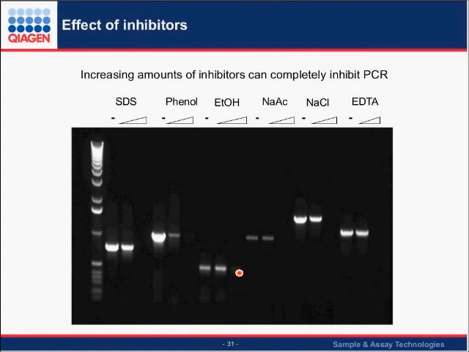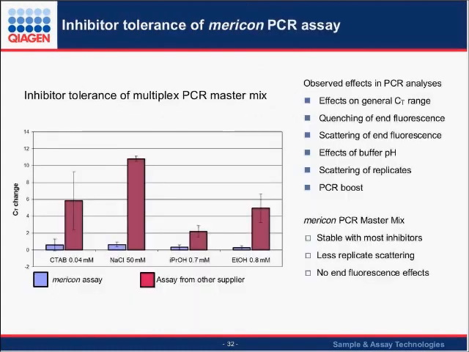And then to move this into the Maricon assay, what we did, knowing that inhibitor tolerance was very important, we did a series of studies where we looked at all of our master mixes. Zucchigen has a large number of different master mixes, to see which one had the best tolerance for inhibitors. The inhibitor models that we used here were things that you would find in various food preparation assays, just as a model, but chemical inhibition here. So we used CTAB, sodium chloride, isopropyl alcohol, ethanol.